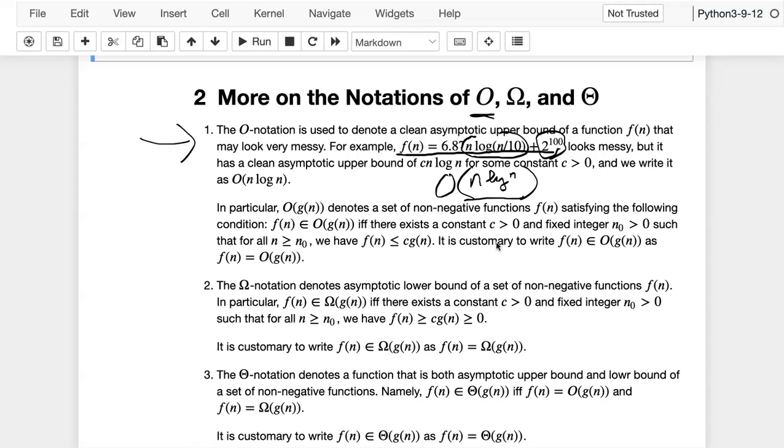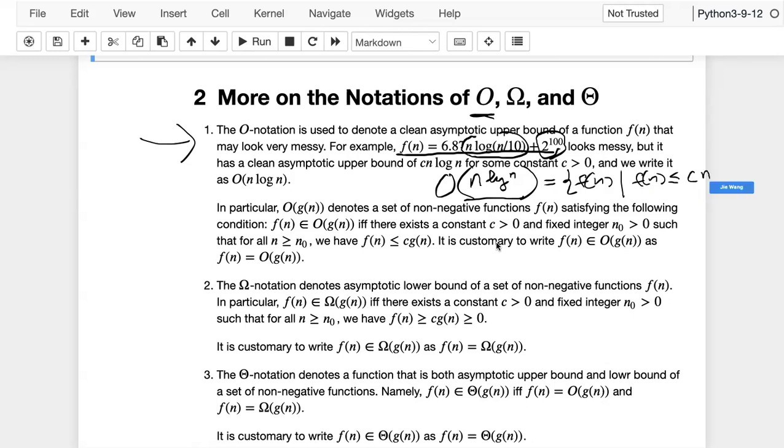In particular, this big O of n log n is a set of all functions f of n such that f of n is bounded by n log n with a constant coefficient.